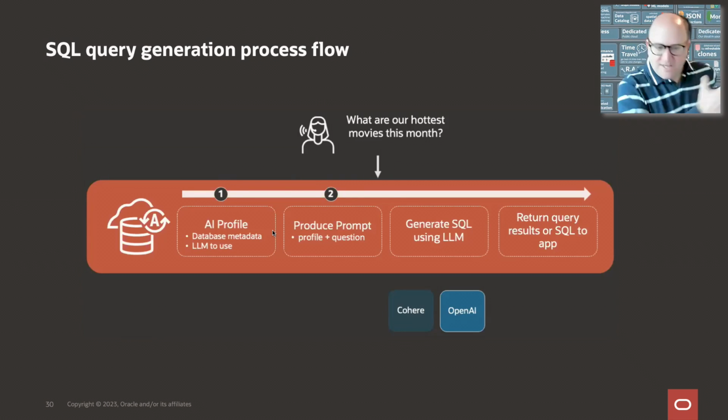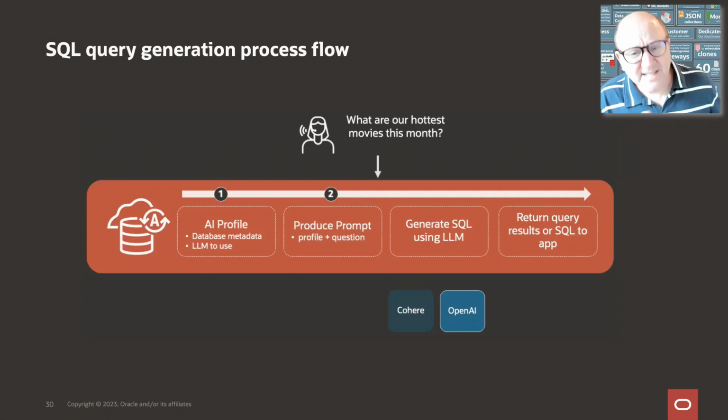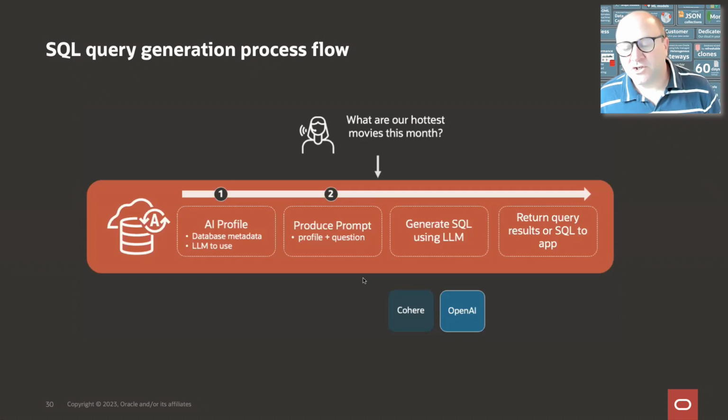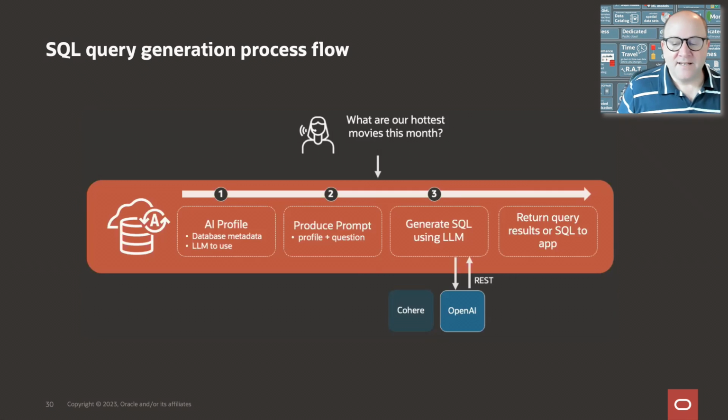Autonomous Database is going to collect the metadata, the columns, the comments associated with those columns, which LLM to send it to. It's going to combine it with the question and kind of tweak the question to produce a prompt, right? That prompt is then sent to the model, right? And over REST.